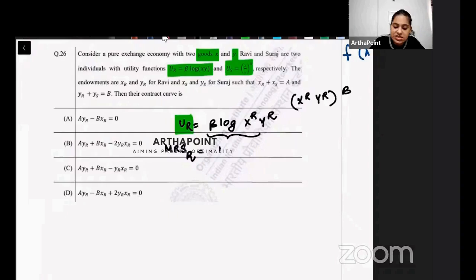So what is MRS? It is MUX by MUY. Differentiate this with respect to x. You will get beta into 1 by xy. So beta log xy का हो जाएगा xy only, or xy का differentiation when you do with respect to x, you will get y.